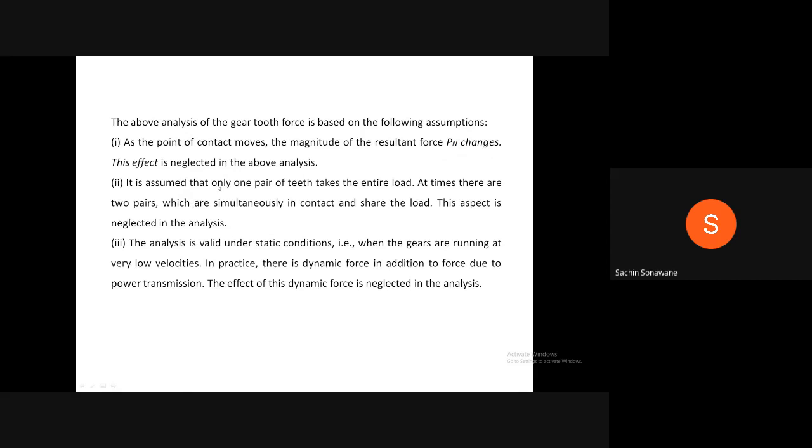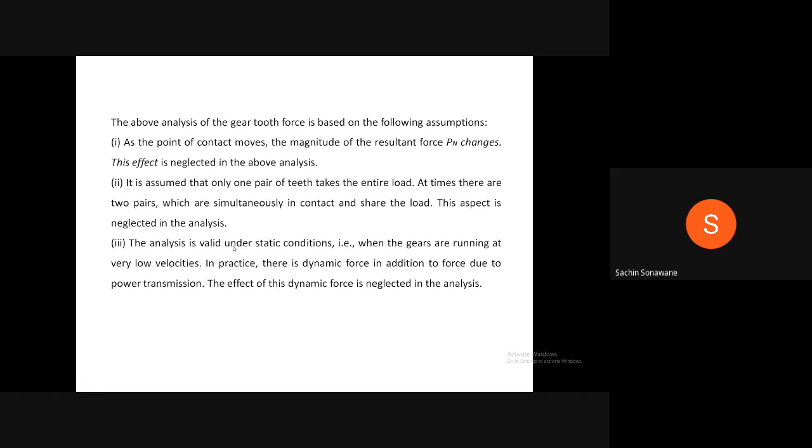It is assumed that only one pair of teeth takes the entire load. At times, there are two pairs simultaneously in contact and sharing the load. This aspect is neglected in the analysis.